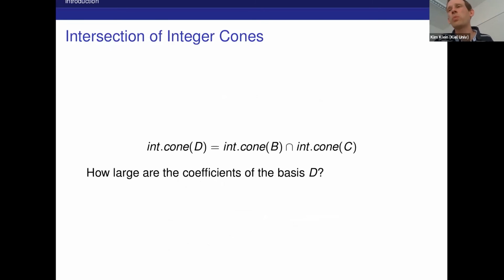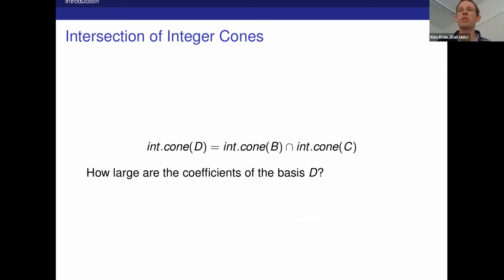And now we need to argue that this intersection behaves nicely, like we don't get a too fancy basis. If we intersect two integer cones, the coefficients of our new basis do not explode. But this we can show by the Steinitz lemma actually. Maybe you have some intuition for that, but I cannot go into the details here.